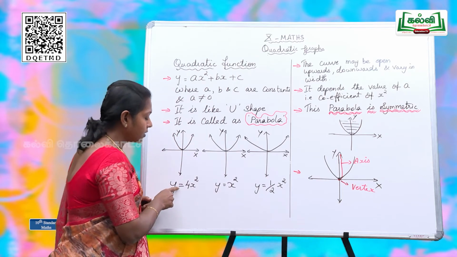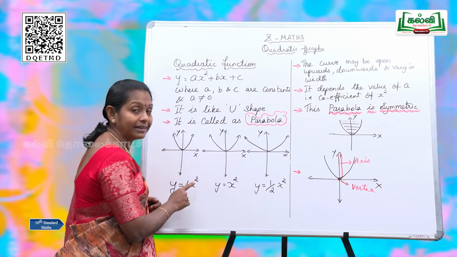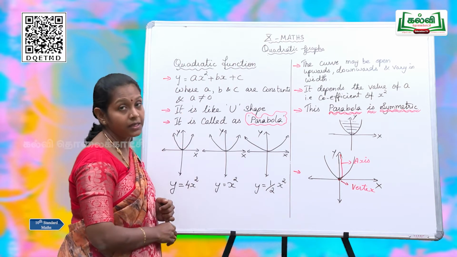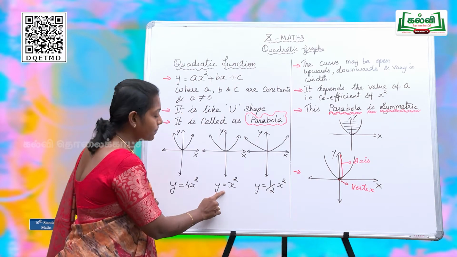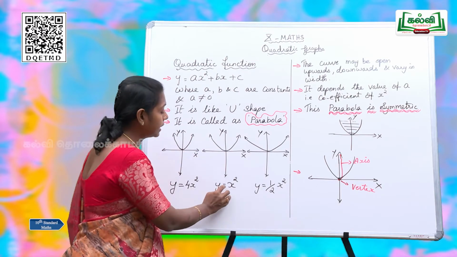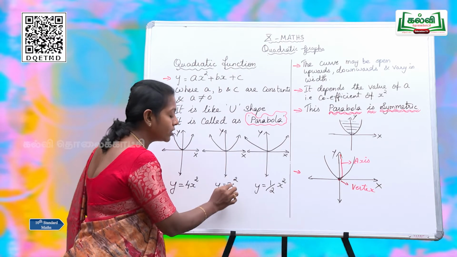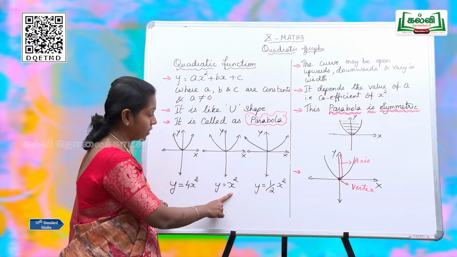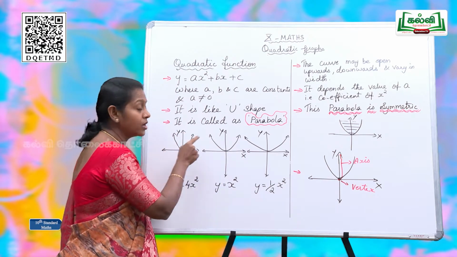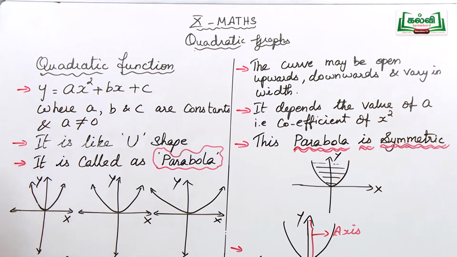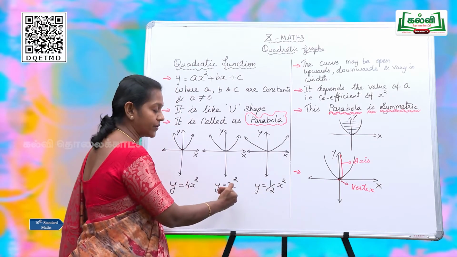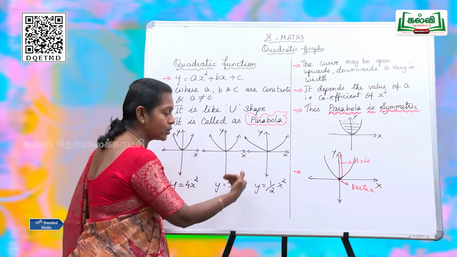When you plot y is equal to 4x squared graph on the graph sheet, you will be getting a curve like this. Suppose the coefficient of x squared is changed from 4 to 1, it will be y equal to x squared. When you draw the graph for y is equal to x squared, it will be like this. That means this is narrow, this will be little wider than this graph. Next, y is equal to half of x squared. Now the coefficient of x squared is reduced from 1 to half.